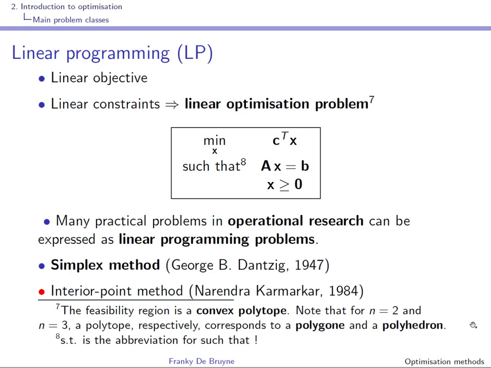Well, a simplex is a generalization of the notion of a triangle to arbitrary dimensions, so to a general n. Simplices are not used in the simplex method, but they can be used to give an interpretation of the method, and this is where the name simplex method comes from.